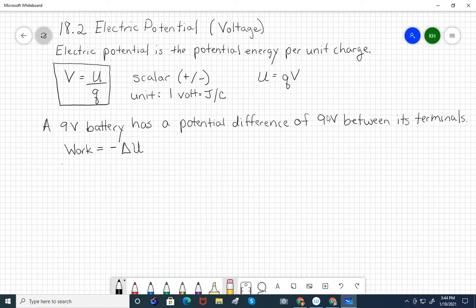If we move an object from point A to point B, that is equal to the opposite of the potential energy at B minus the potential energy at A. So this works out to be that the work done moving from A to B is equal to the potential energy at A, negative minus a negative makes it positive, minus the potential energy at B.